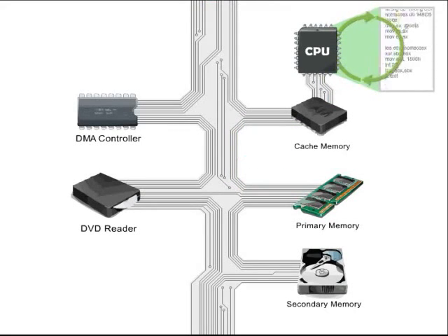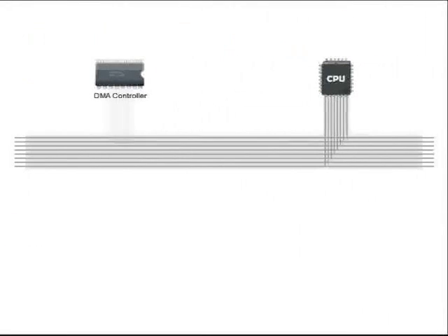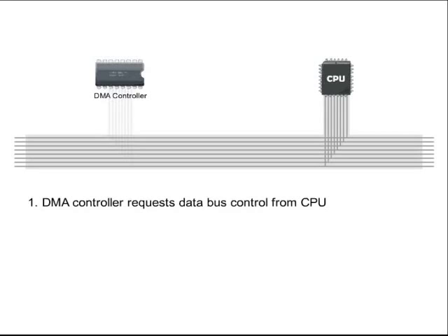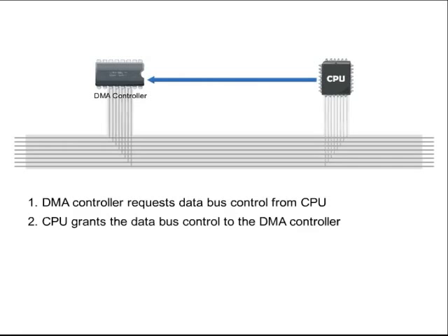Let's summarize the steps. Initially, the DMA controller requests data bus control from the CPU. Identifying a memory read request, the CPU grants the data bus control to the DMA controller and resumes some other critical task.